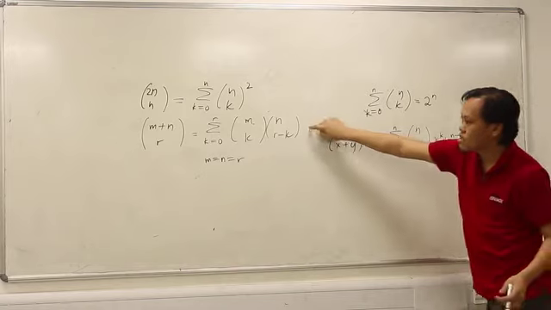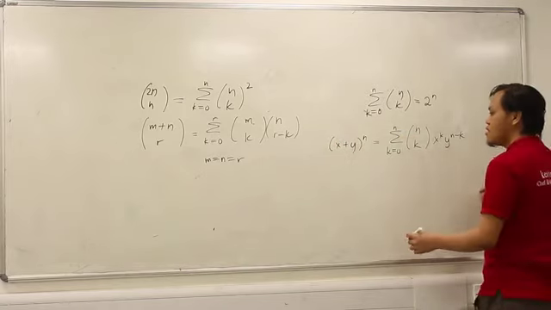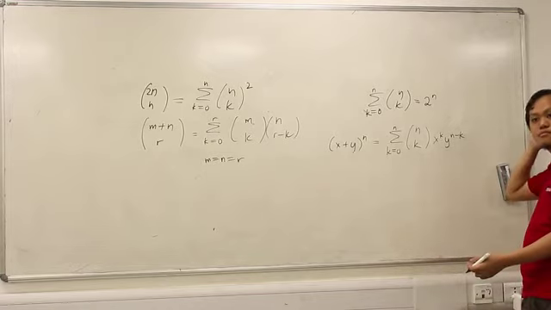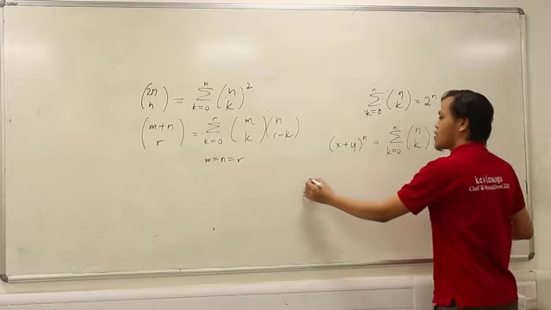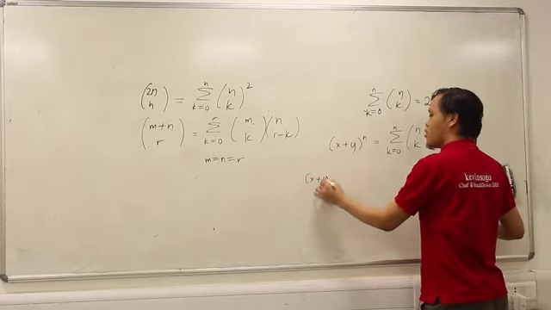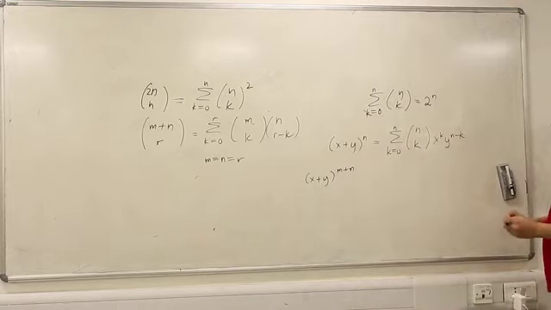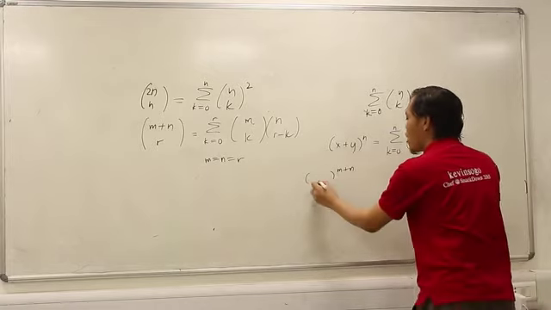We can also prove this identity using a similar idea. Okay? So how do we do that? Let's say we want to compute x plus y raised to m plus n. Let's say we set y equals 1.